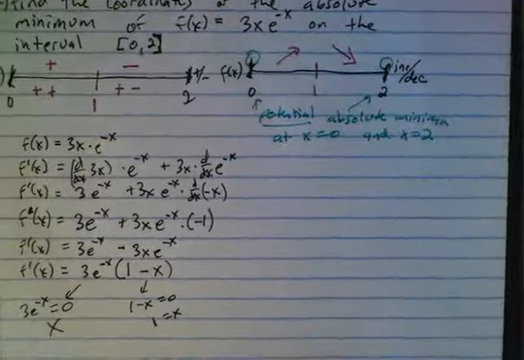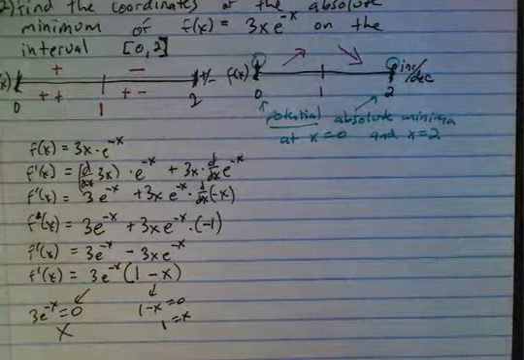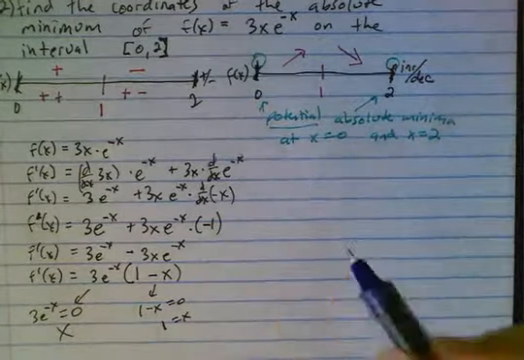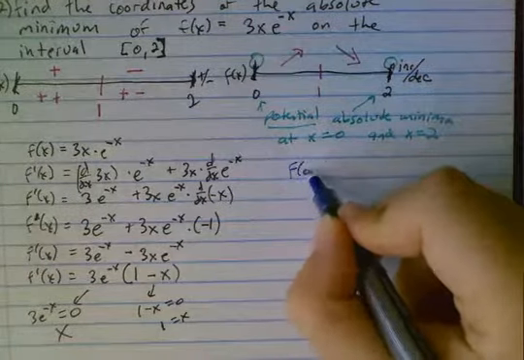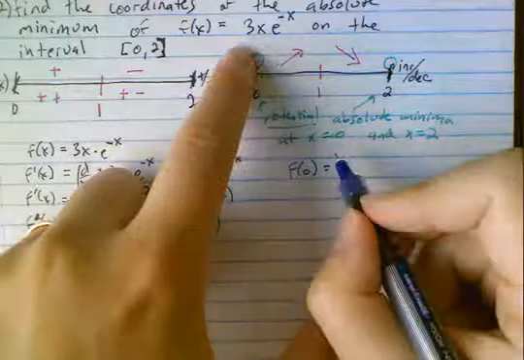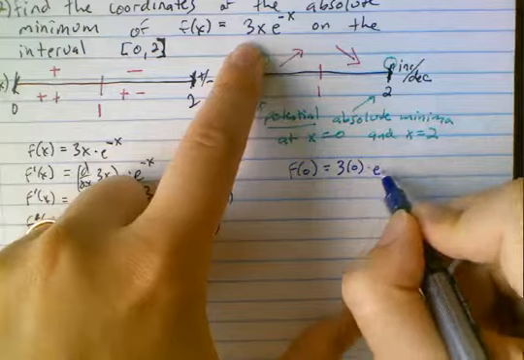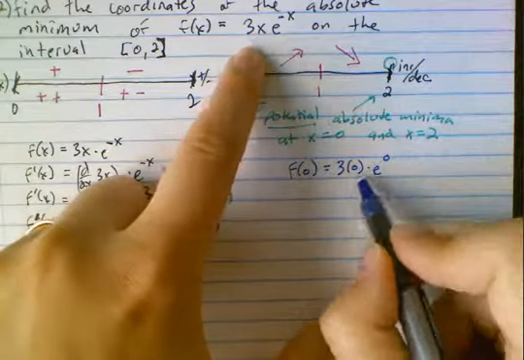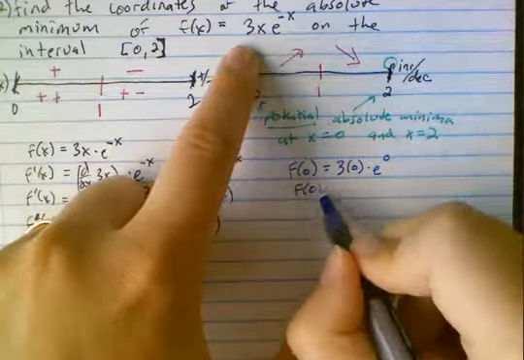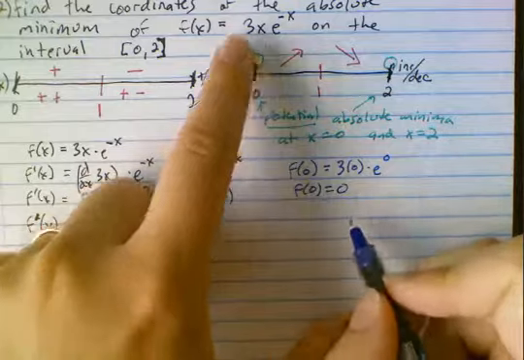So now we have to find f of 0 and f of 2 and compare them. 3 times 0 times e to the 0, well, this is all multiplied together and one of them is 0. So f of 0 clearly equals 0.